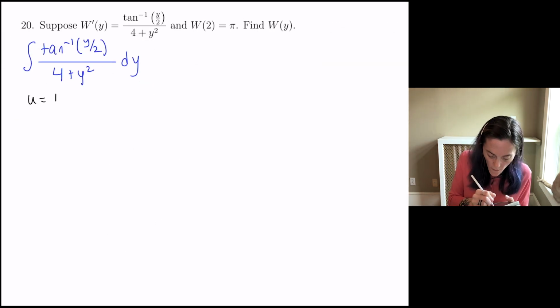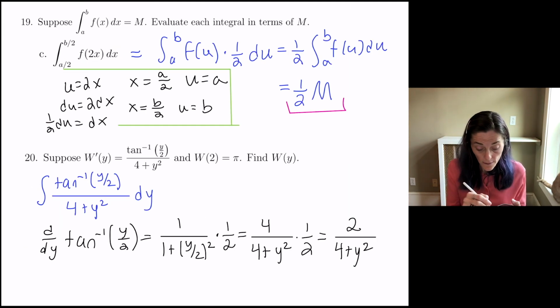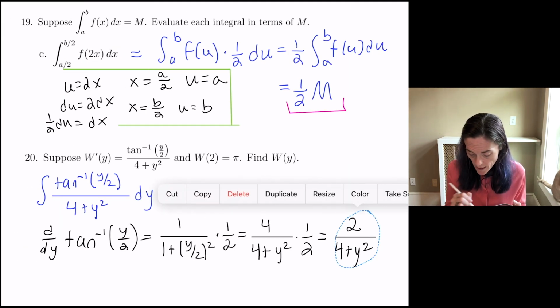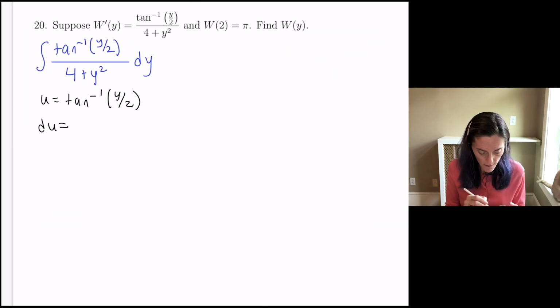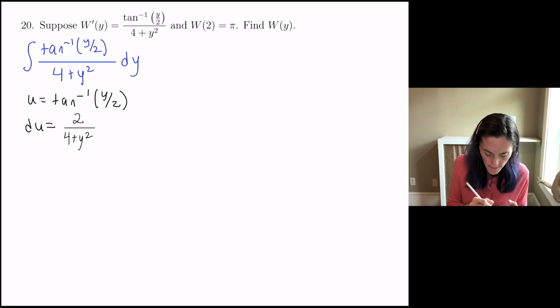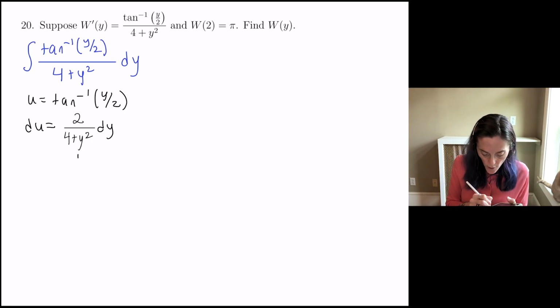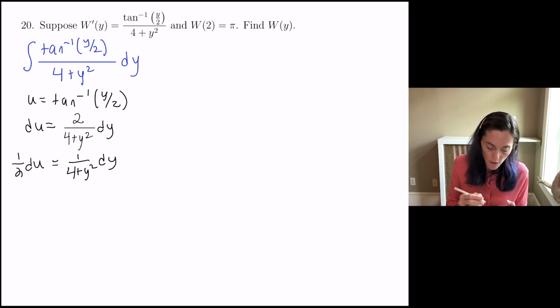All right, so as I mentioned, we will let u be the tan inverse of y over 2. Okay, now, du. I'm just coming back here, copy, paste. We calculated this. Handed to me in my integral is 1 over 4 plus y squared dy, which is just divide by 2, so 1/2 du.